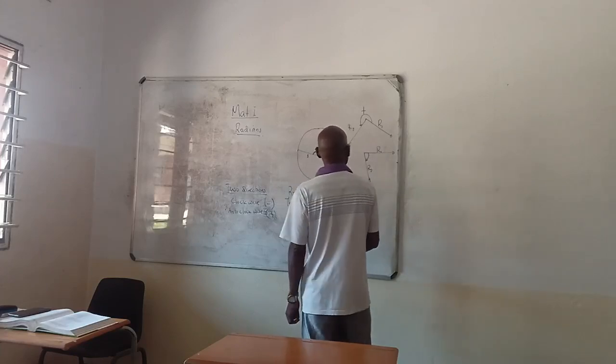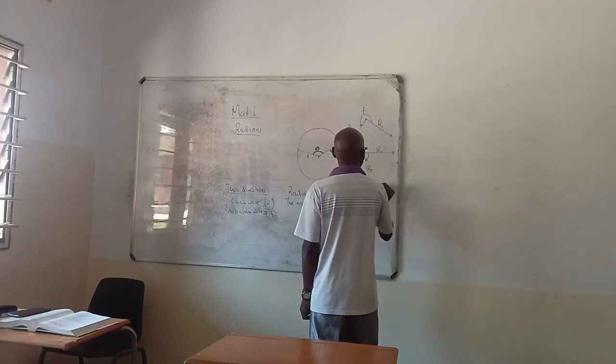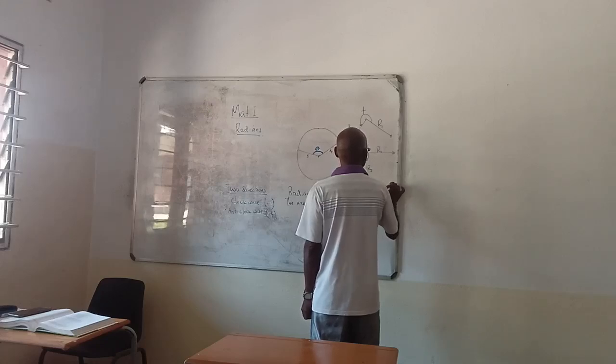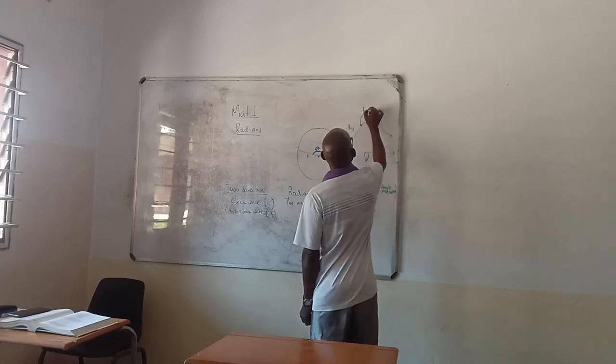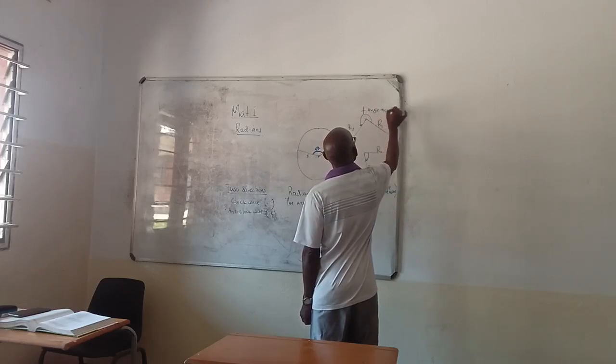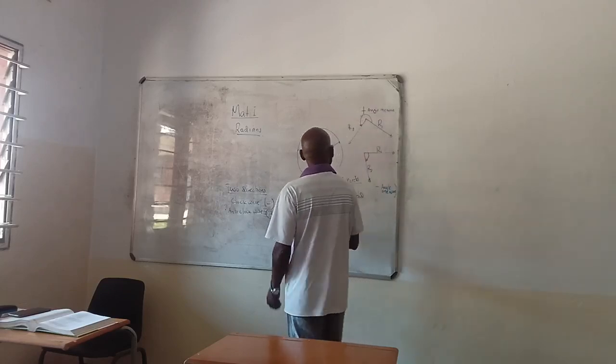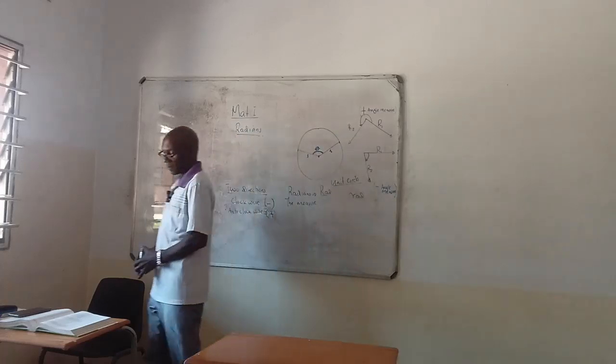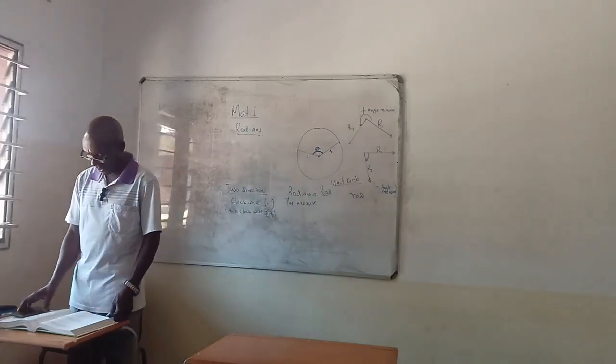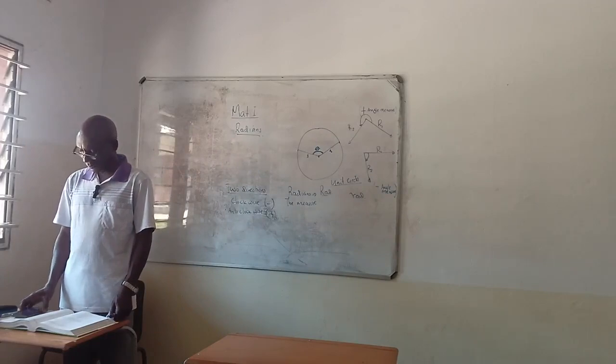So the fact that this is clockwise, this is a negative angle measure. While this is a positive angle measure. Positive angle measure, and I've got a negative angle measure.